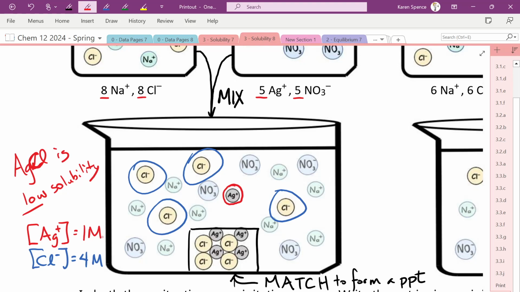No. Is this solution saturated? If a precipitate forms, you are saturated. Yes? Because what it means is there was too much, and so it precipitated and only a little bit remains dissolved. Okay? So this is a saturated solution.